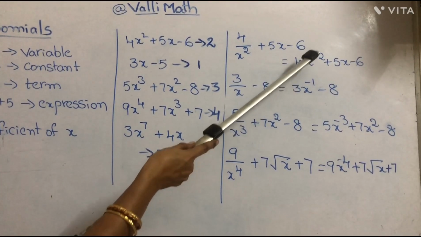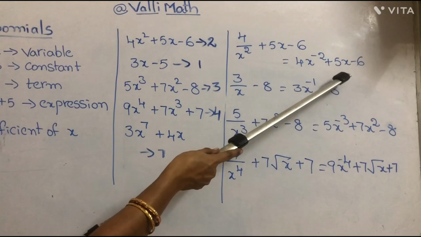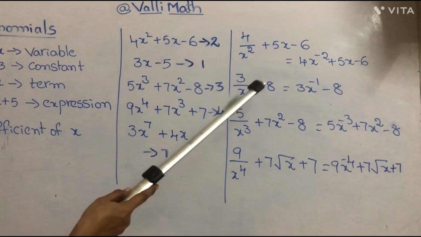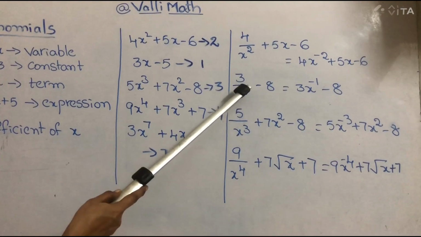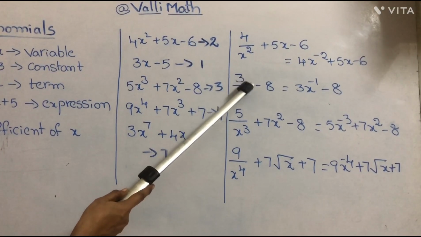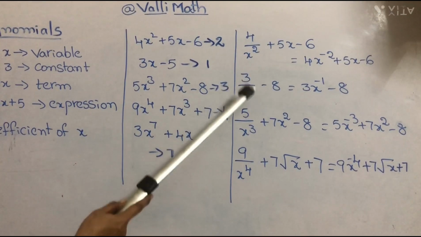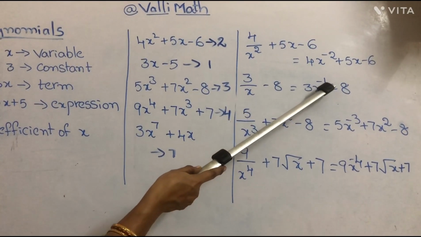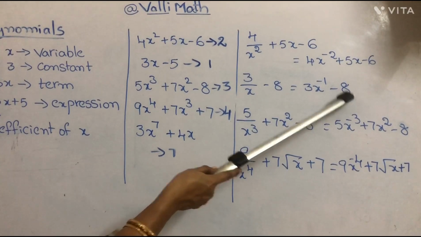So 4x power minus 2 plus 5x minus 6. Now observe 3 by x minus 8. Here x is not having any power, meaning it is having 1 as the power. If I take this to the numerator, then 3x power minus 1 minus 8.